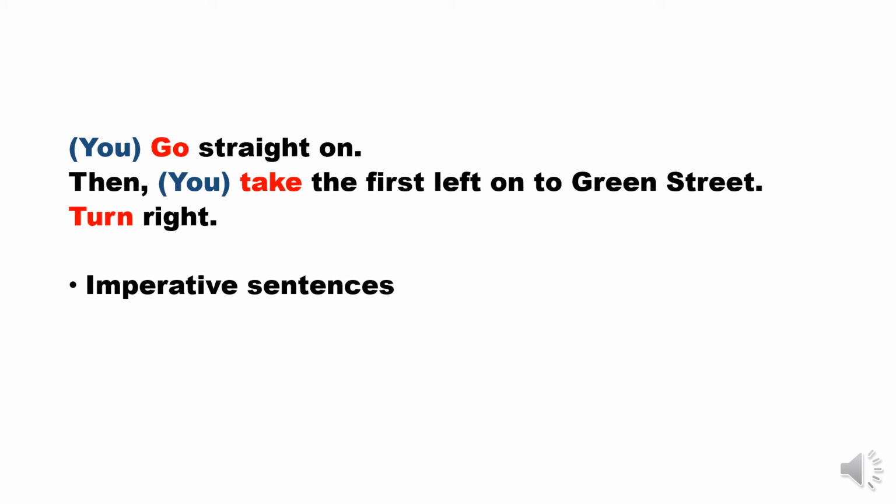Such kind of sentences where we don't use subject are called imperative sentences. We use them to give directions, instructions, orders, and some other, or when we are asking for a polite request or something, we use them.